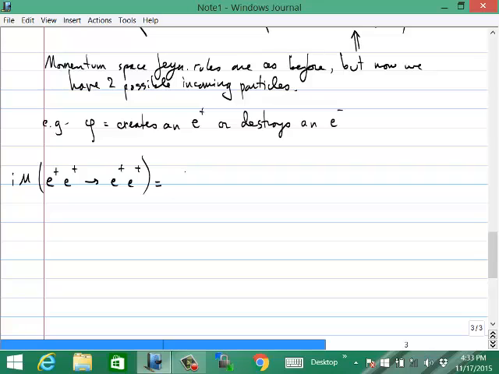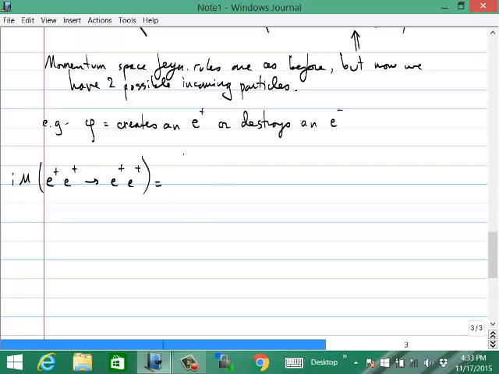But you would also get a term that looks like this. It's not a very nice looking Feynman diagram. Let me redraw that so it's a little neater.